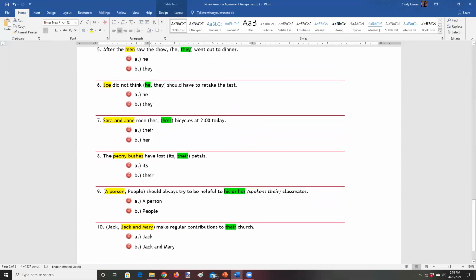Now, when we know it's a single bush, we know we're going to use "its." That's not offensive. When we're talking about Sarah, we know she's a woman, we're going to say "her." When we're talking about Joe, we know he's a boy, so we're going to say "he." But let's say it's somebody named Pat, and in our context we don't know Pat's gender.